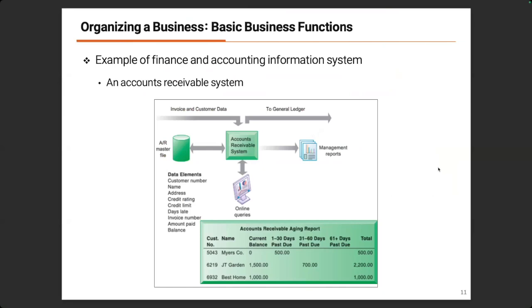This system records each invoice in the master file. This master file also contains customer information such as name, address, credit rating, credit limit, or days late. This system keeps track of all the bills outstanding and can produce output reports to help the business collect the bills. This is an example of the accounts receivable aging report.